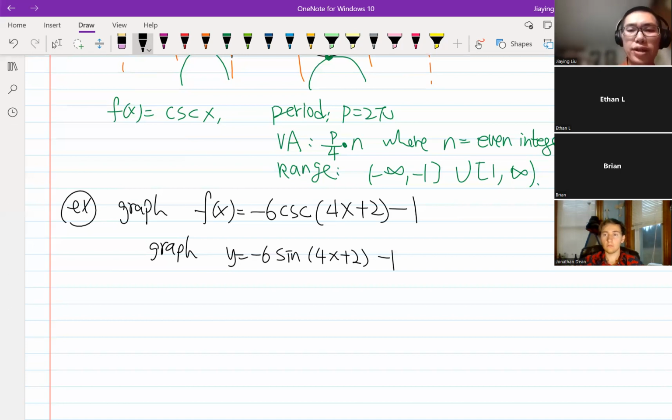Because they're not equivalent. So I was jumping ahead of myself here, because the one given is not the reciprocal of this one.